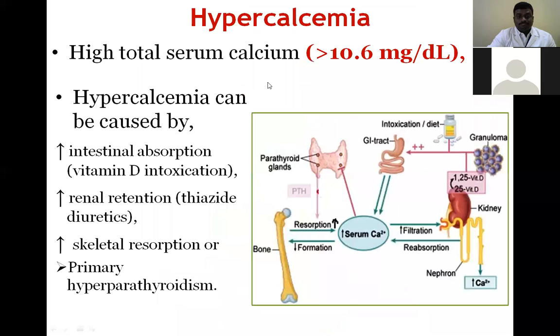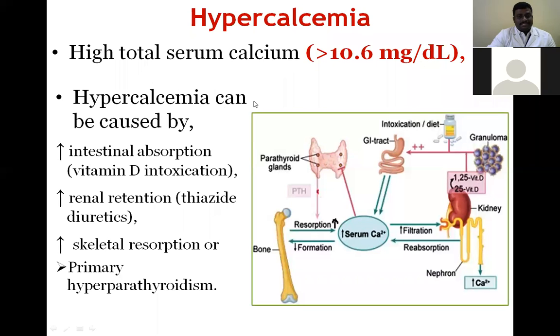So hypercalcemia. The normal range is 8.6 to 10.3 mg/dL, with some variation from lab to lab depending on reagent companies. When calcium is elevated above 10.6 milligrams per deciliter, that condition is called hypercalcemia.